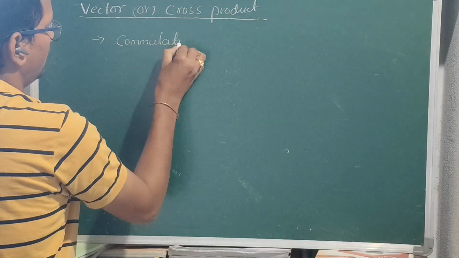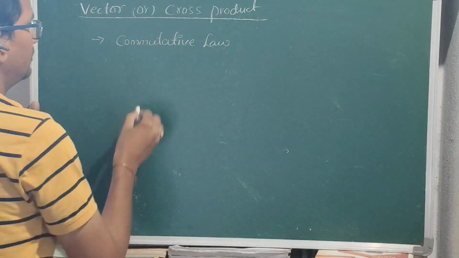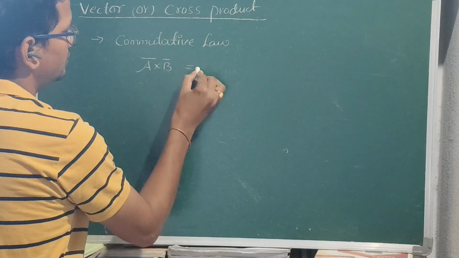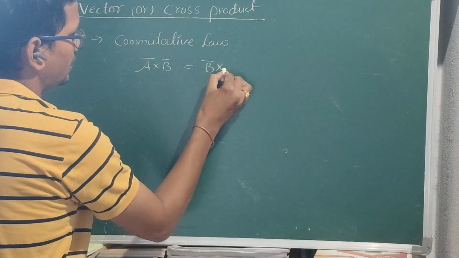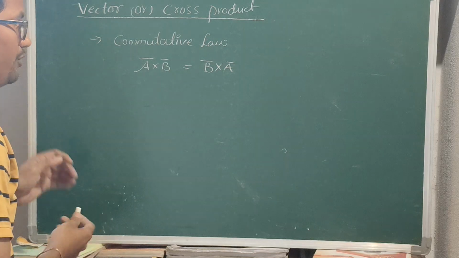Commutative law. What is the commutative law? Is A bar cross B bar equal to B bar cross A bar? Based on the proof, I will show you.